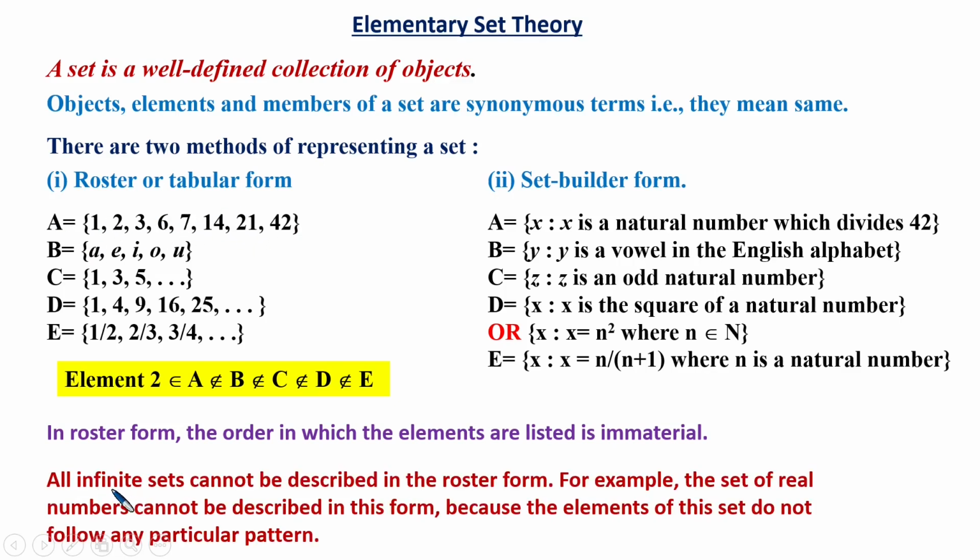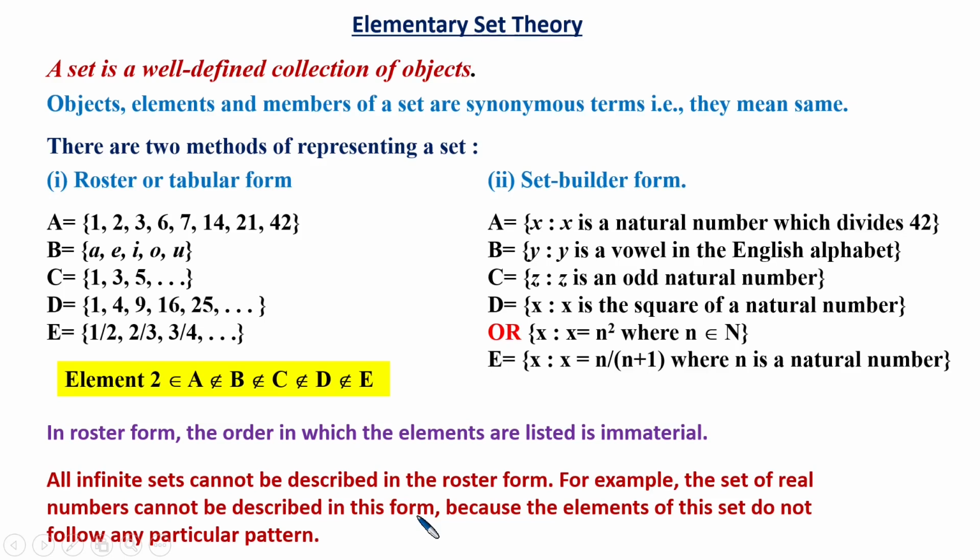It is interesting to note here that not all infinite sets can be described in roster form. Obviously, if it is infinite and doesn't have a particular pattern, I cannot. X is equal to n square is one pattern. So if I cannot represent it with a certain kind of pattern, then I cannot write the set in roster form. For example, the set of real numbers cannot be described in this form.